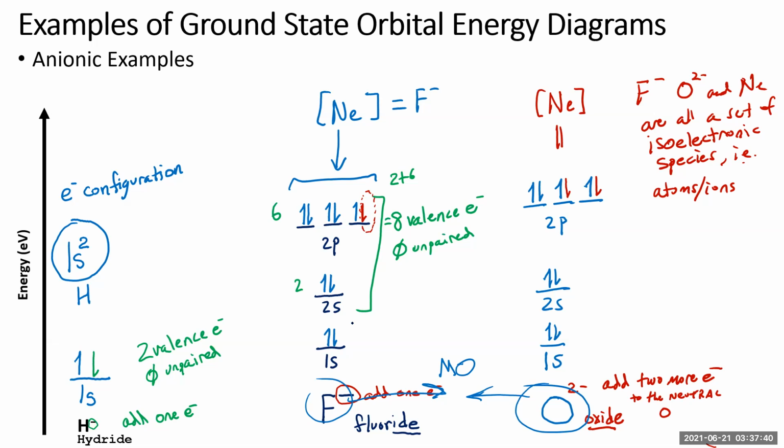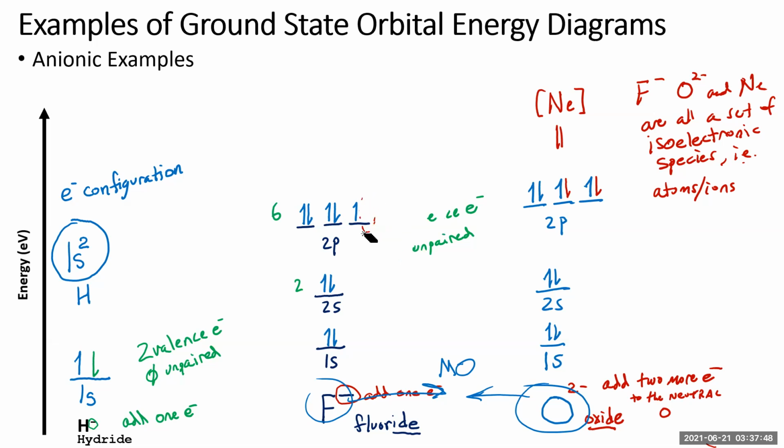Okay, so let's do the electron configuration of fluorine, and then the electron configuration for fluoride. First, fluorine without the extra electron. Just like it's written here, we have 1s2, 2s2, 2p5.